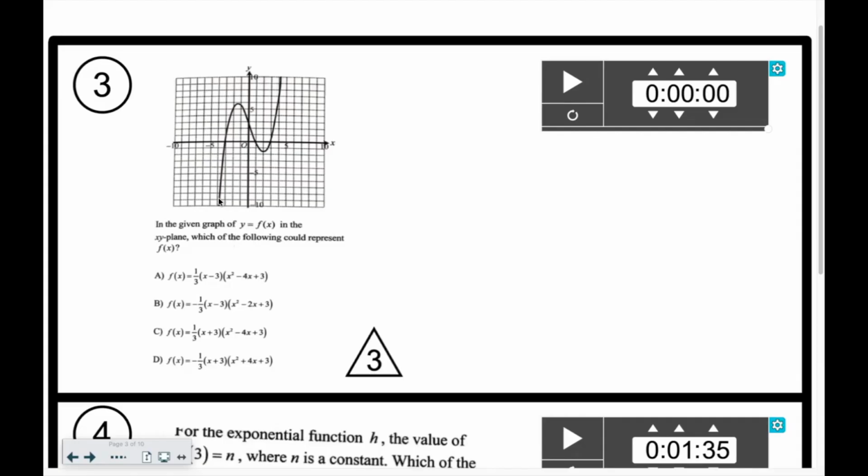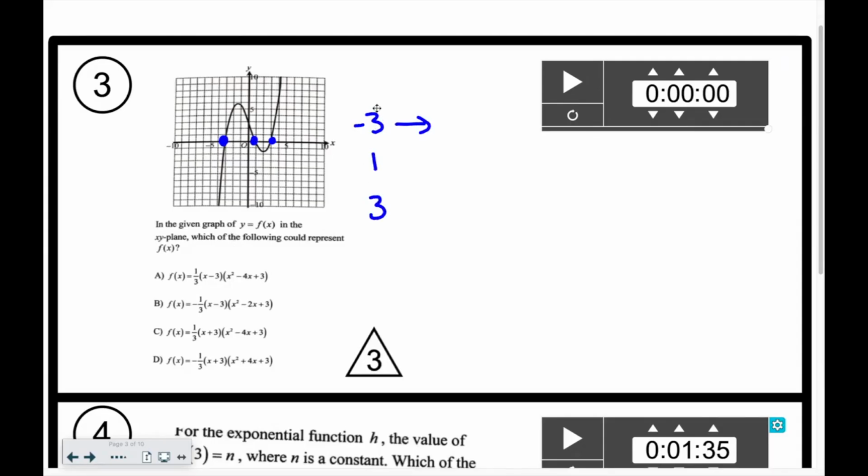One thing to notice is that there are 3 x-intercepts. And one thing we want to be able to do is interchange between x-intercepts and the factors that they come from. So the 3 x-intercepts here are -3, 1, and 3.